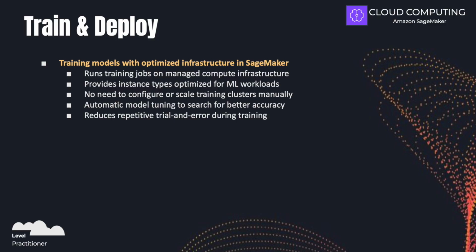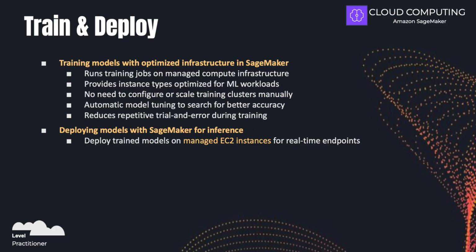After training, you're ready for deploying models. Once you're satisfied with your trained model, SageMaker can deploy it for inference in multiple ways. You can deploy to managed EC2 instances that are optimized for serving predictions in real time, so your applications can call an endpoint and get a response quickly.